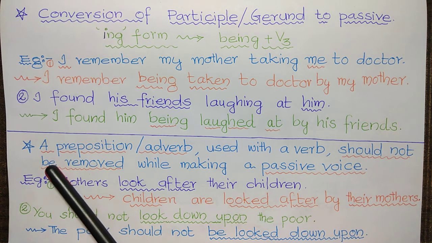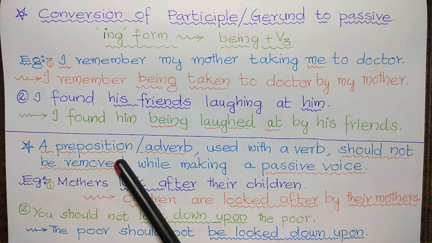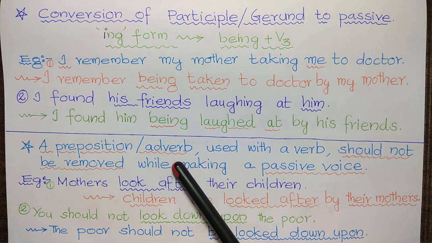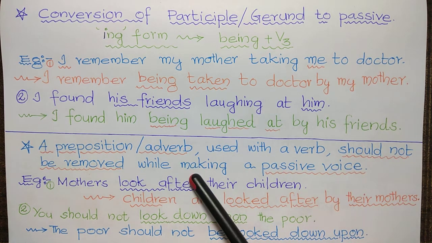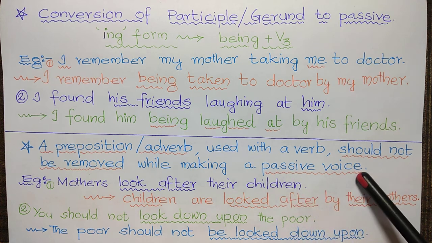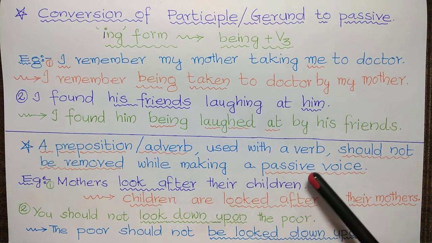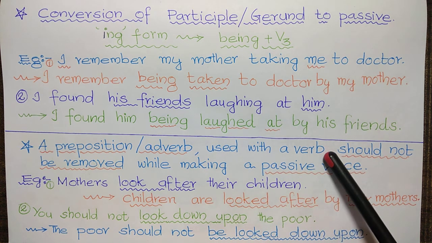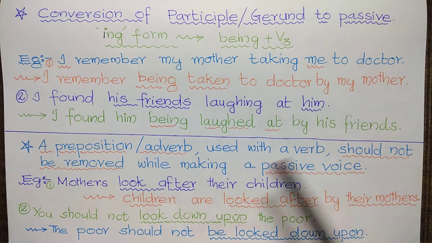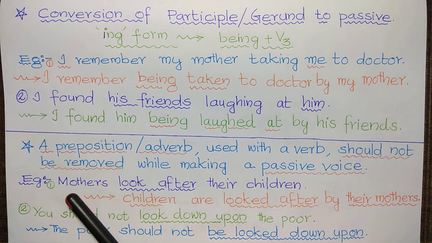Next hint: a preposition or adverb used with the verb should not be removed while making a passive voice. When we make a passive voice, there may be a preposition or adverb associated with a verb that we should not remove. See the example.